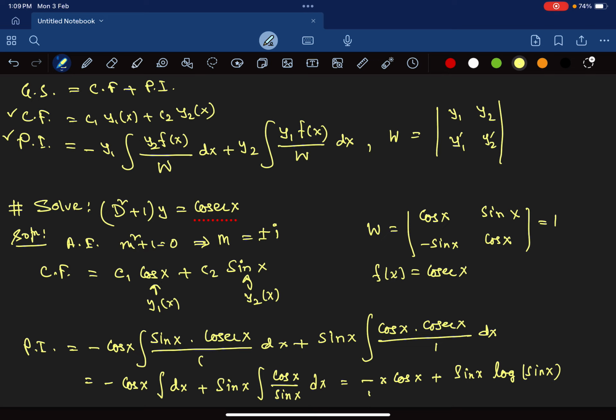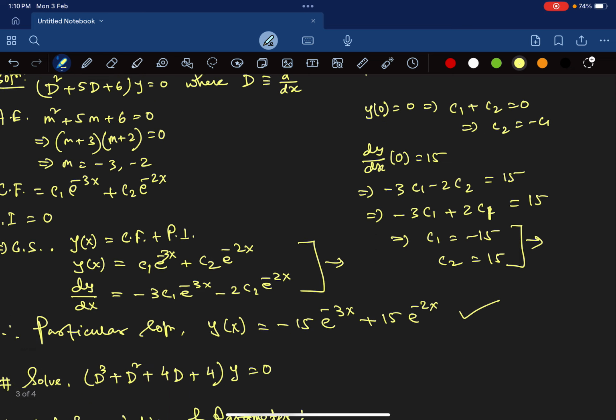This is the particular integral and this is the complementary function. So finally you can write down the general solution: y = c1 cos x + c2 sin x + sin x log sin x − x cos x. So this is the entire solution you have.